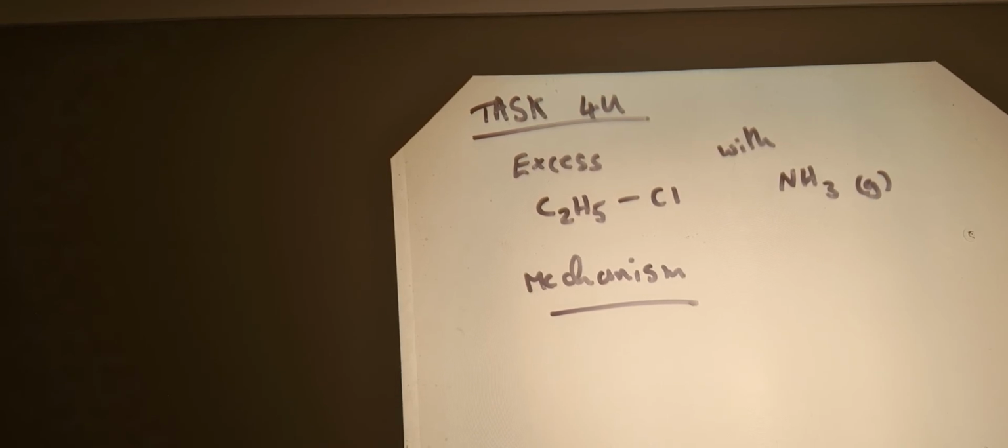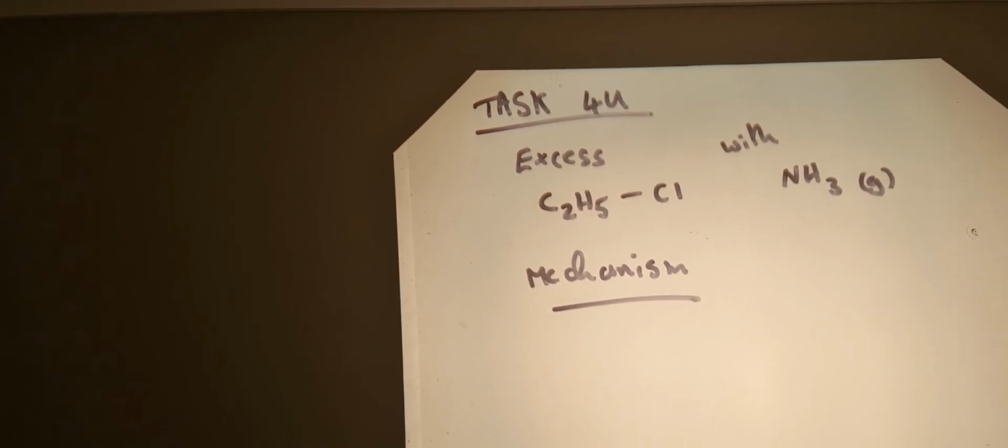guys, is I want you to start with excess chloroethane. Starting with excess chloroethane and ammonia, tell me what will happen. Mechanistically, stage A will be the ammonia will be converted into a primary amine, which will be ethylamine.